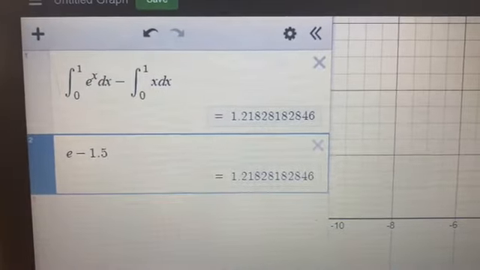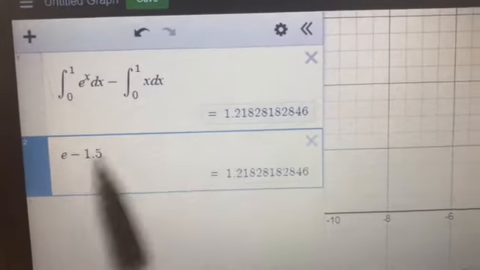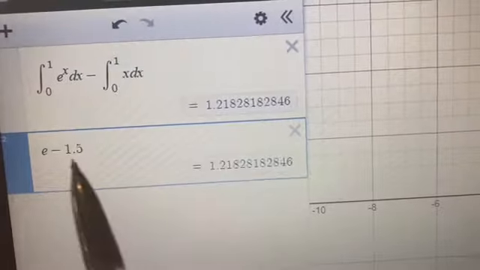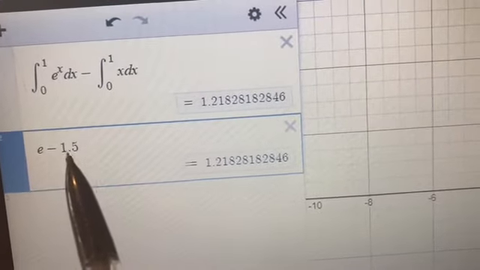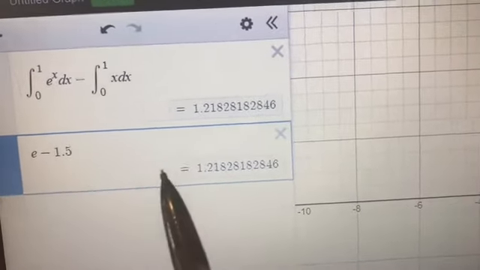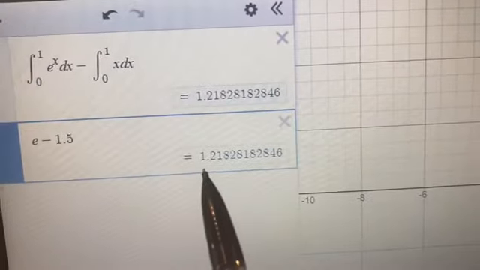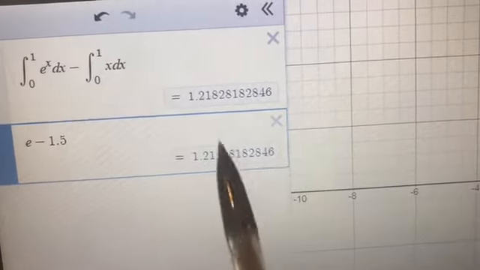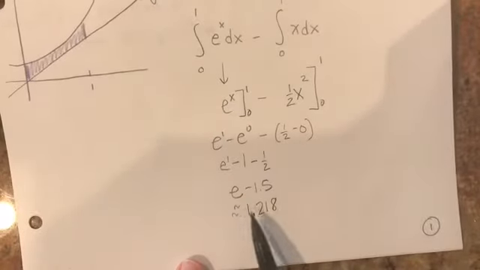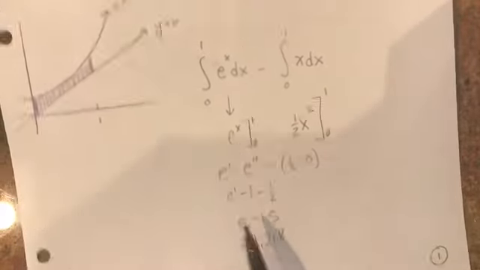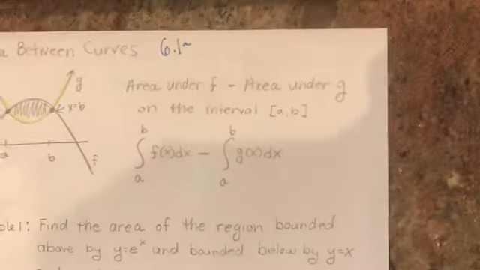Do you guys see how you can type it in on Desmos? You just basically type in what it says. And then here is your actual answer, e minus 1.5, and you can see that they're the same. If you do want to use the decimal answer, just make sure you use the squiggly equal sign to verify that it's an approximation of their answer. So that purple region is 1.218 square units.